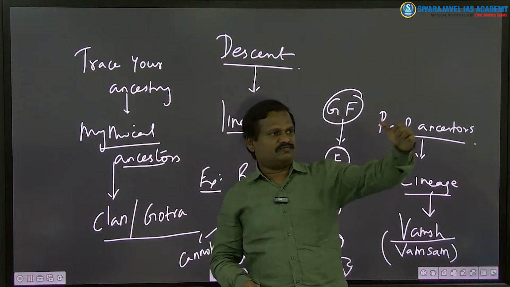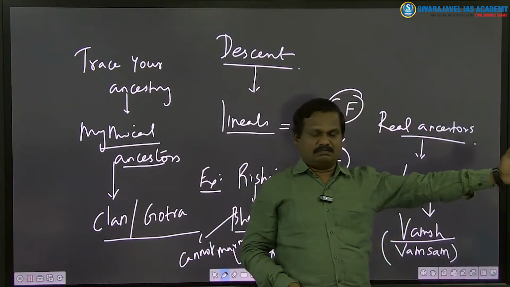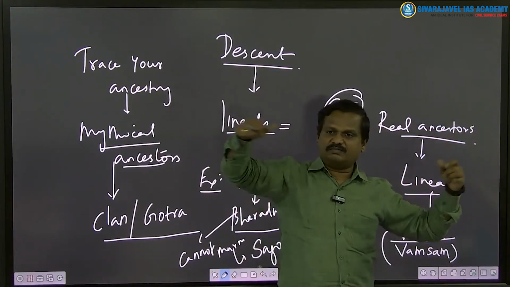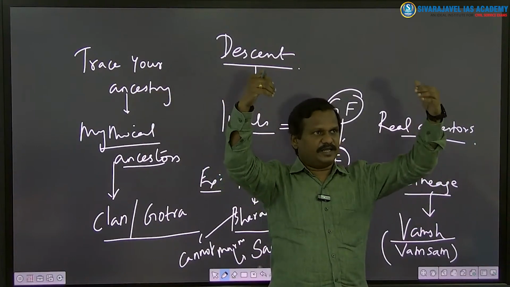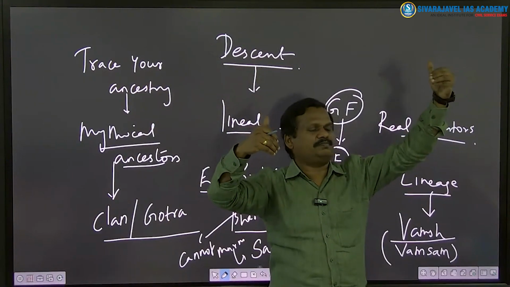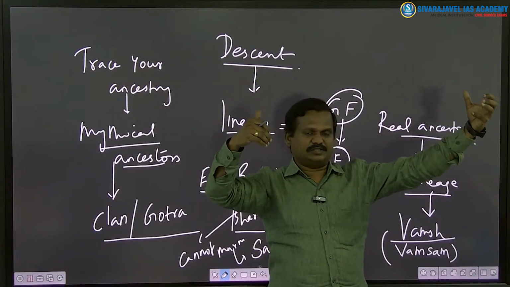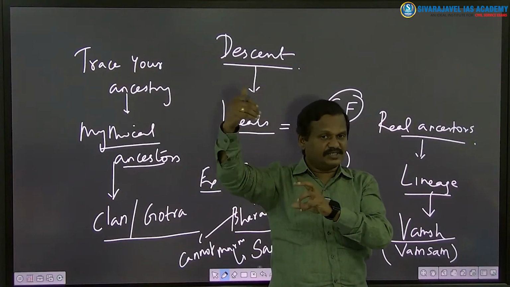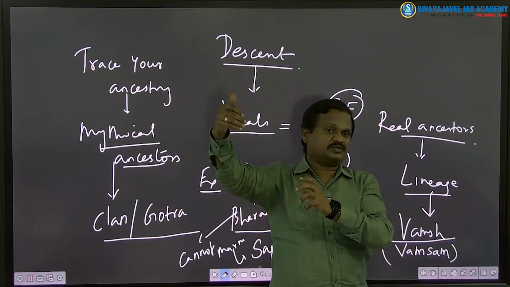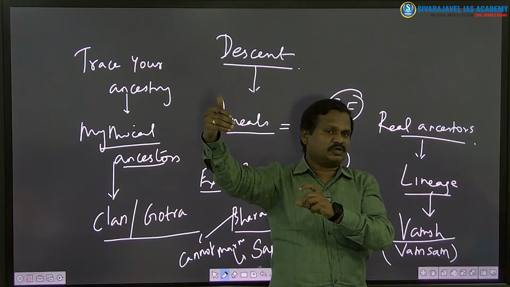So if the girl comes from Bharadwaj Gotra, the boy should come from another Gotra, not the same Gotra. So you can trace your ancestors based on real people, called lineage or Vamsh, and you can trace your ancestors based on mythical ancestors, called clan or Gotra.